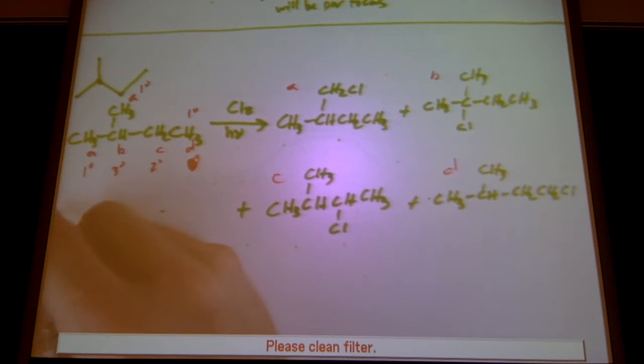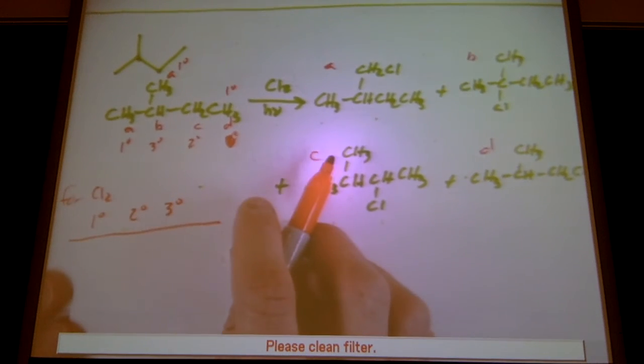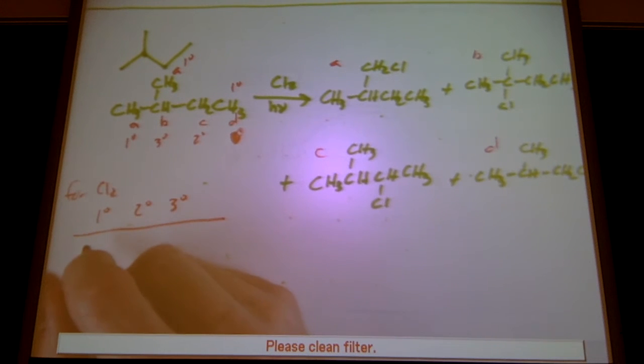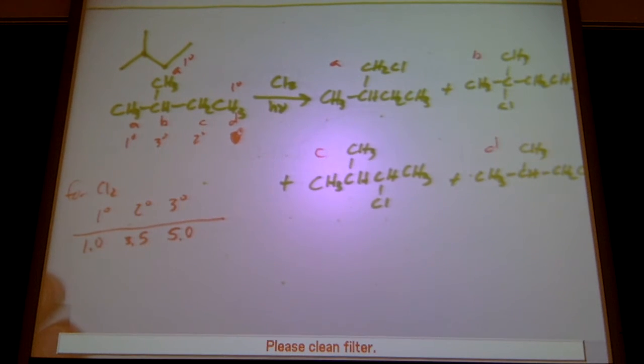So for chlorine, for primary, secondary, and tertiary, if we say primary is 1, we'll see that secondary is 3.5 times more reactive, tertiary is 5 times more reactive than a primary position.